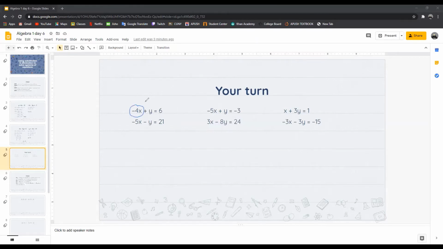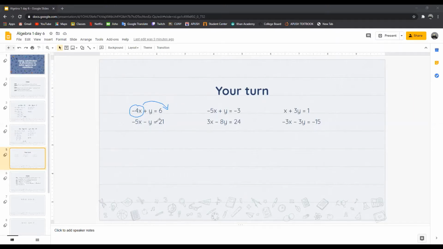You would have to take this negative 4x and transpose it to the other side of the equal sign. Because you are transposing your negative 4x to the other side, it has to be turned into a positive 4.